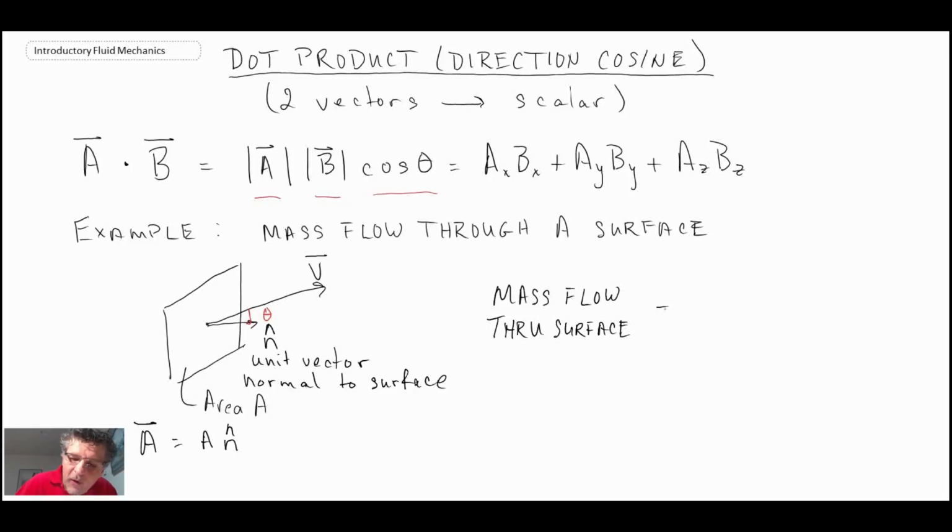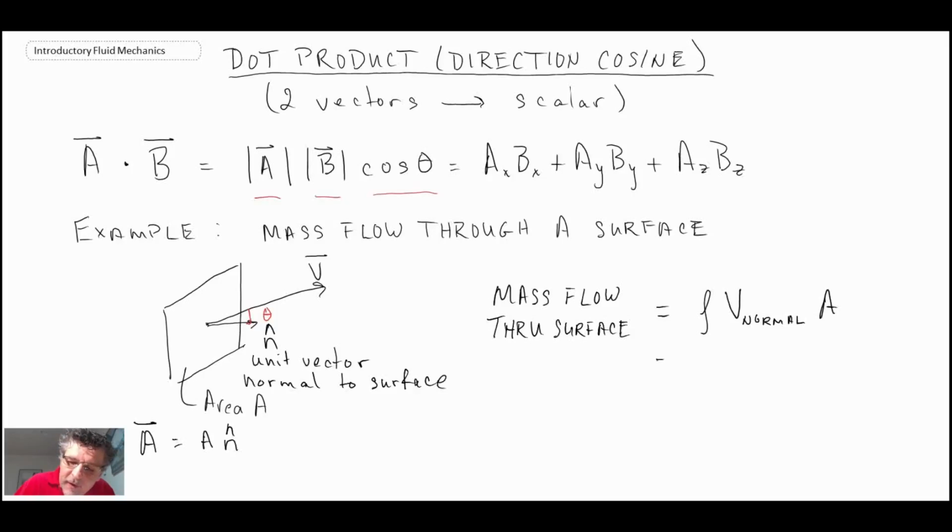So we know from our analysis in fluid mechanics that the mass flux, or the mass flow through that surface, is going to be equal to the density multiplied by the velocity normal to that surface, and then multiplied by the area A. That would give us something in kilograms per second, and that is what we would call mass flux.